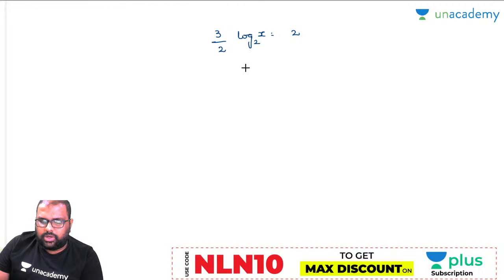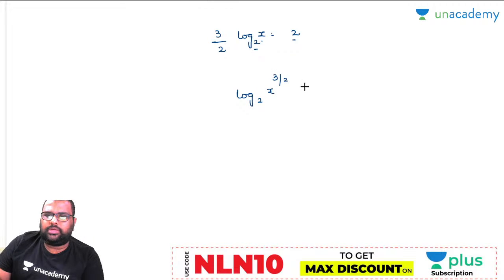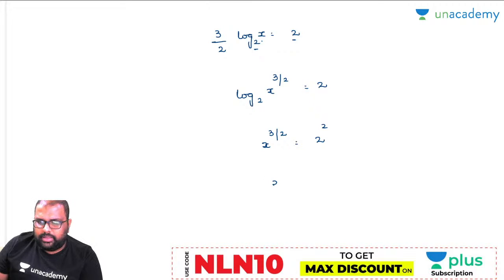And convert these logarithms into exponents. Now this is the base, this is the power, and this is the x value, or otherwise you can write it like this: log base 2 of x to the power of 3 by 2 is equal to 2. x to the power of 3 by 2 will be equal to 2 squared, and x will be equal to 2 to the power of 4, whole to the power of 1 by 3.